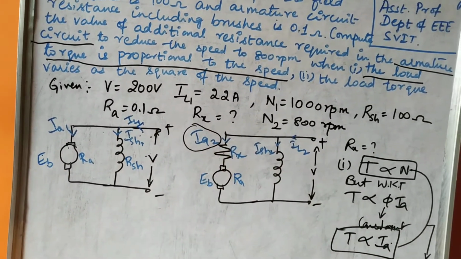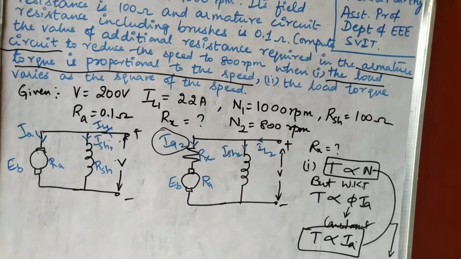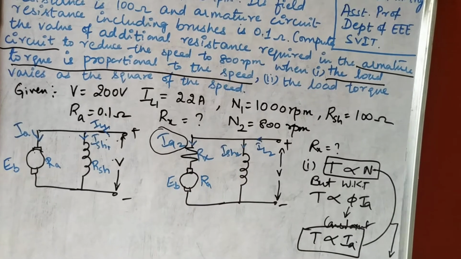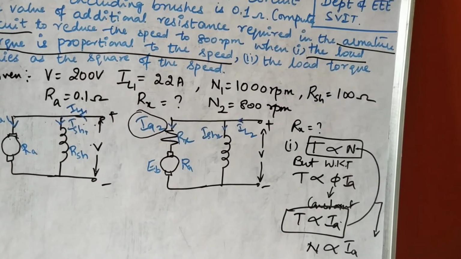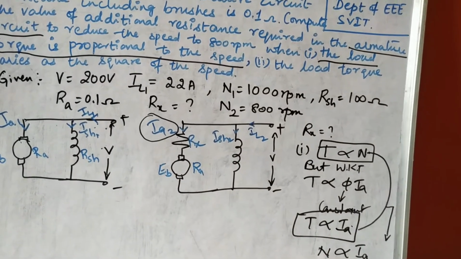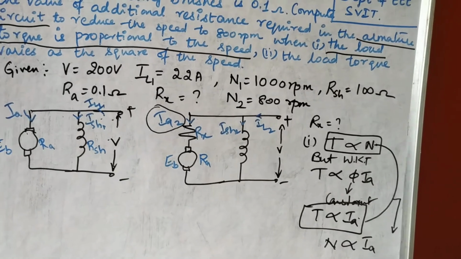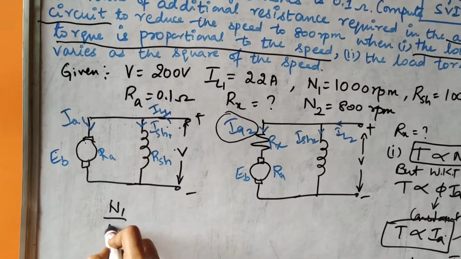Ia2 is flowing through the Rx. So to determine what value of current is flowing there, this equation will help you solve for Ia2.